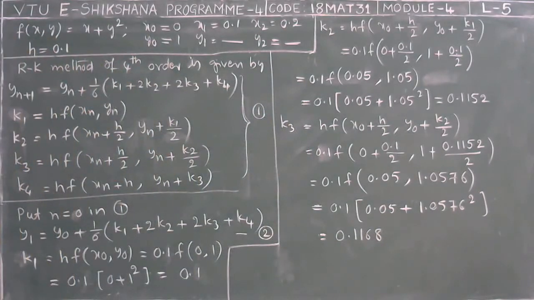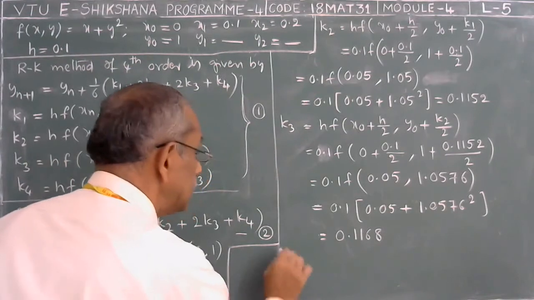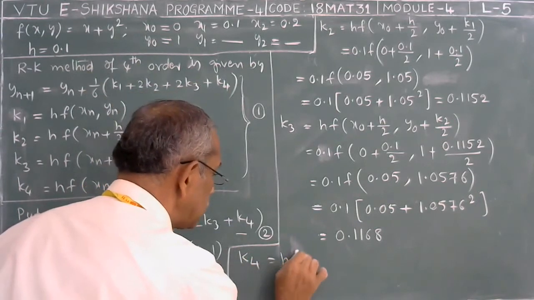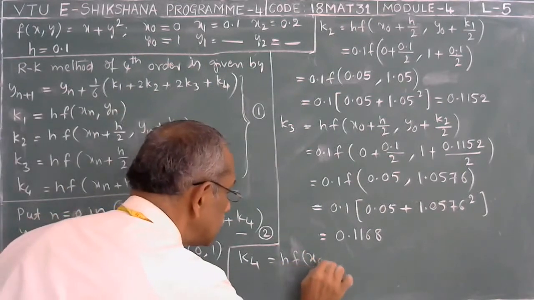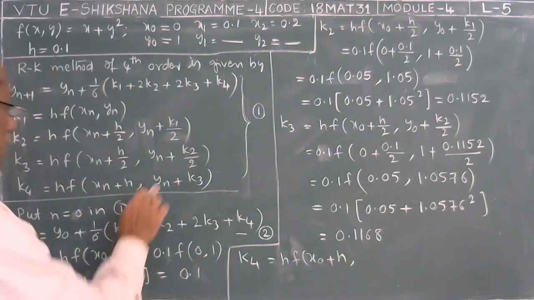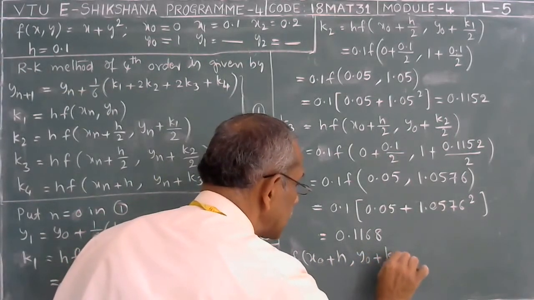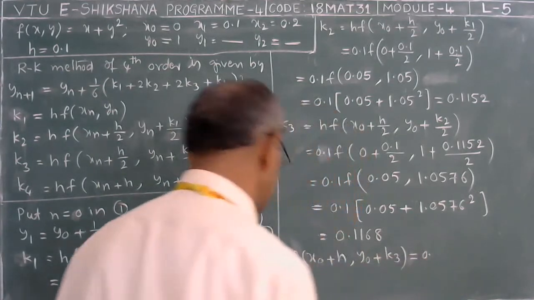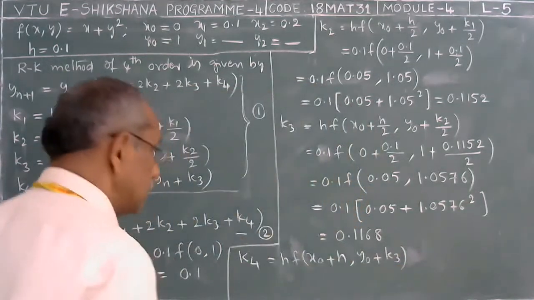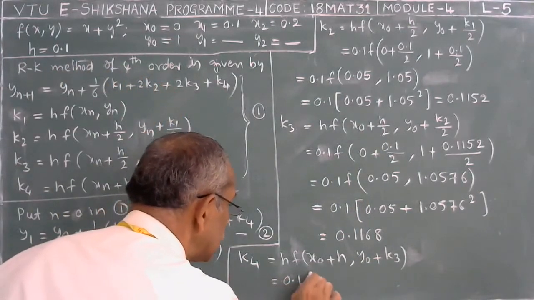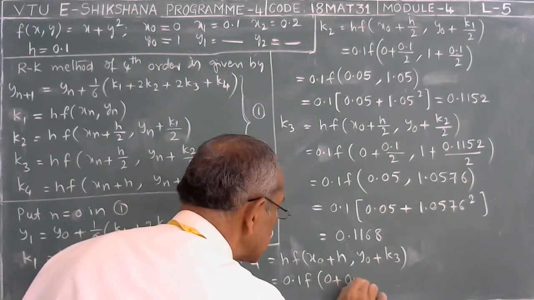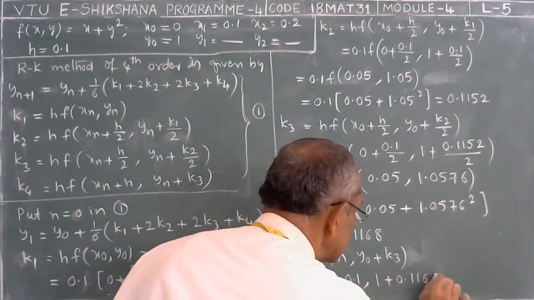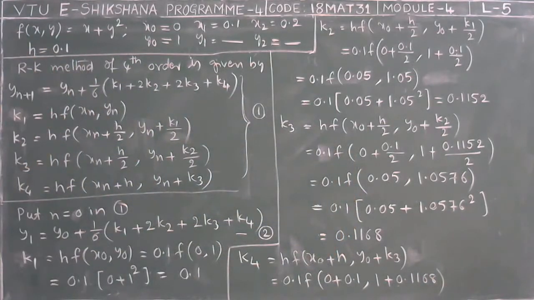Now let me calculate k4. k4 is equal to h into f of x0 plus h comma y0 plus k3. So 0.1 into f of 0 plus 0.1, 1 plus 0.1168.